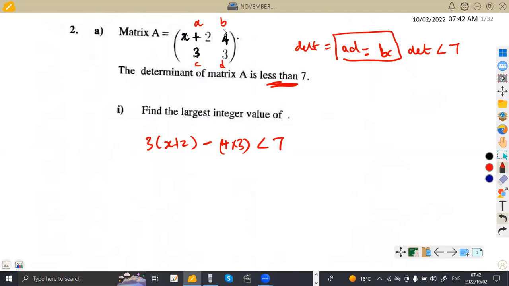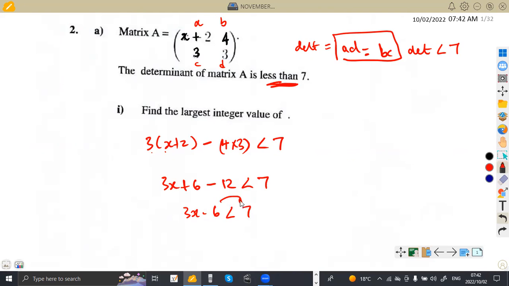So here we're going to multiply 3 by x, which is 3x, 3 by 2, which is 6, minus 12 is less than 7. This is an inequality, guys, because we're given that it's less than. So solving for x, we're going to find our answer. All right, so 6 minus 12, that is minus 6, is less than 7.